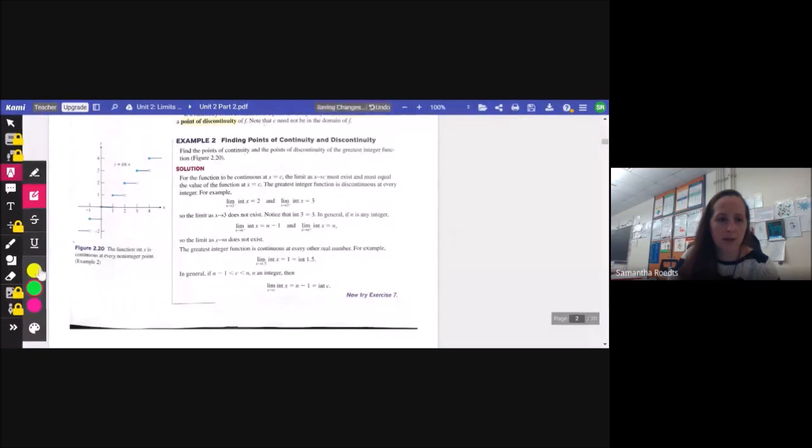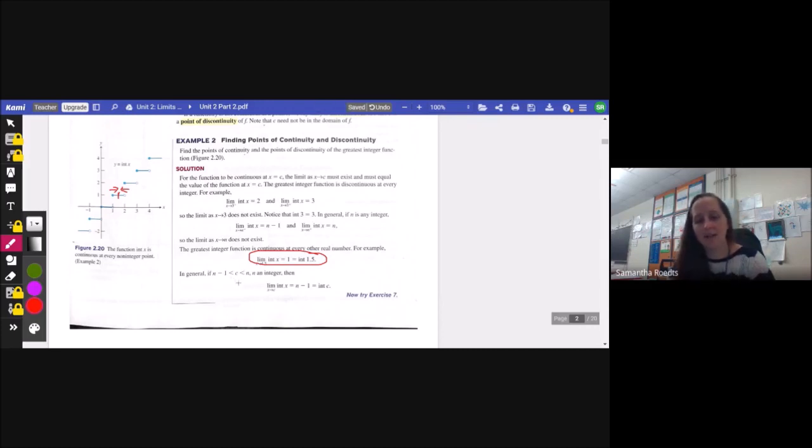Okay, so as I approach from the left and from the right, they equal the same thing. That's what this means. So in general, if n minus 1 is less than c is less than n, where n is an integer, then the limit of int x as x approaches c equals n minus 1, which equals int c.